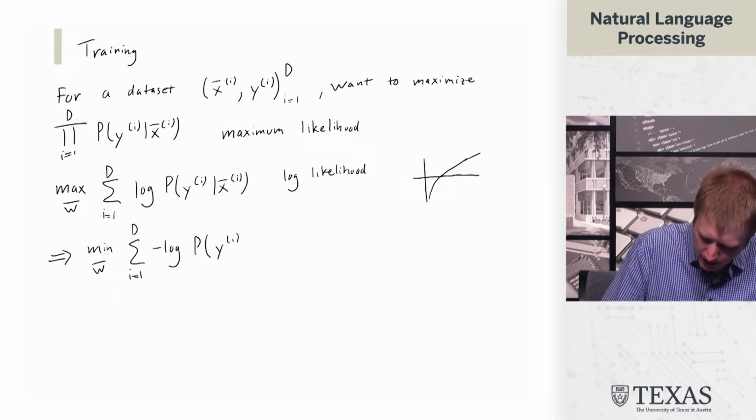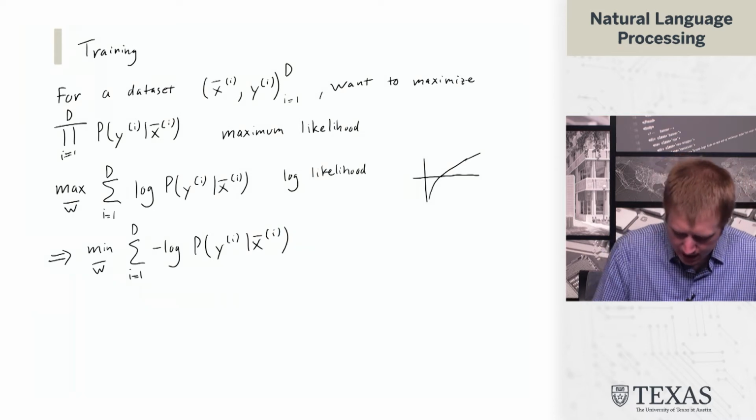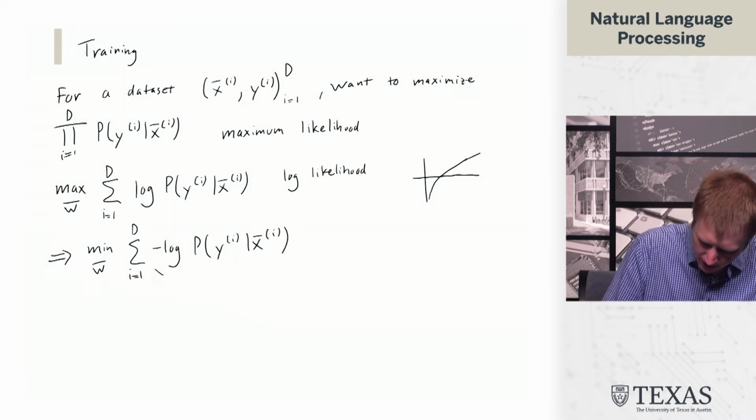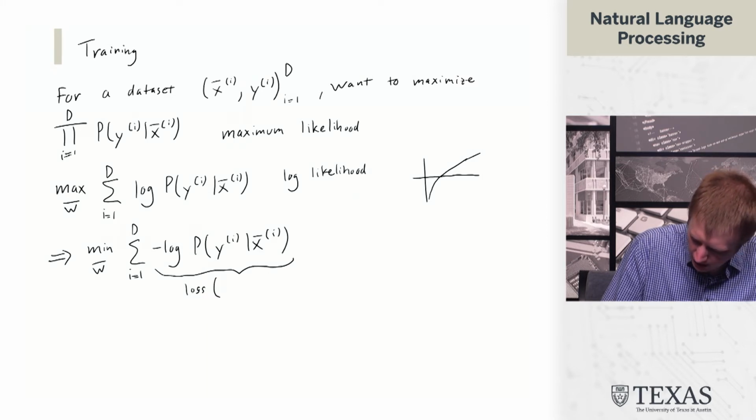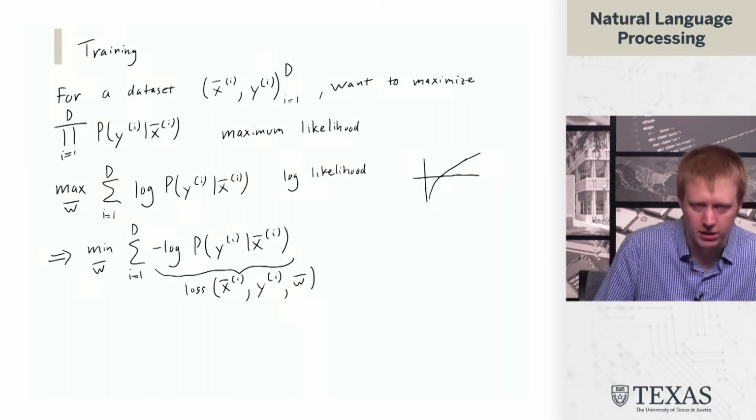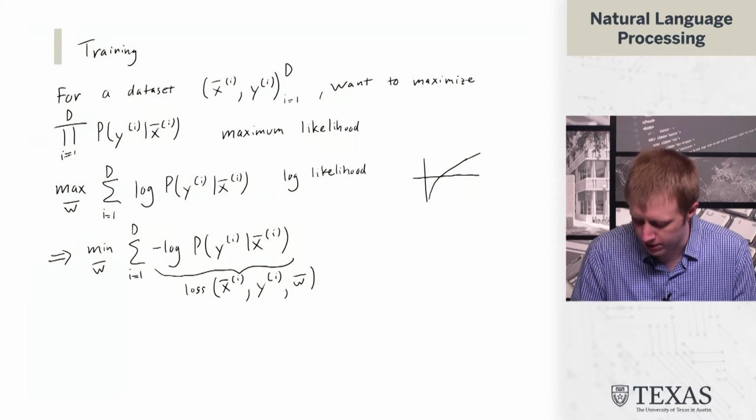The reason we're doing this is so that now we can think of this term as a loss, in the sense of the basic machine learning principles we saw earlier.